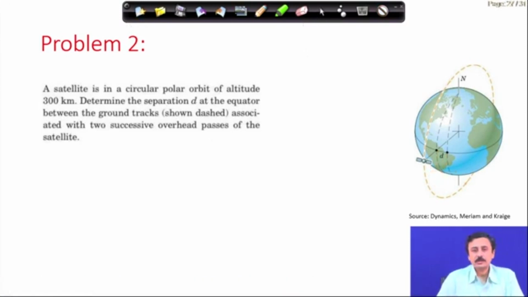So, this satellite will go overhead these points. When it comes back again, the earth has rotated, and therefore, the point which is directly underneath the satellite at that point has shifted, a new point has come. We have to find out the distance between these 2 points.